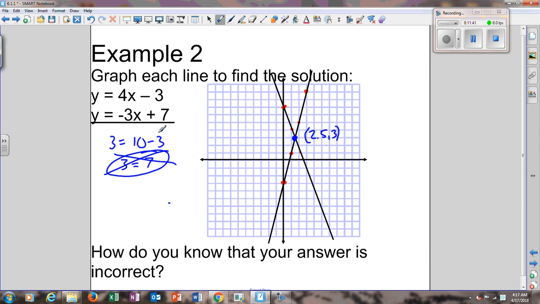So let's try the question again. Let's graph each line to find the solution. Start at negative 3. 1, 2, 3. Make a dot. Go up 4 over 1. Up 4 over 1. It's a little off, not by much.